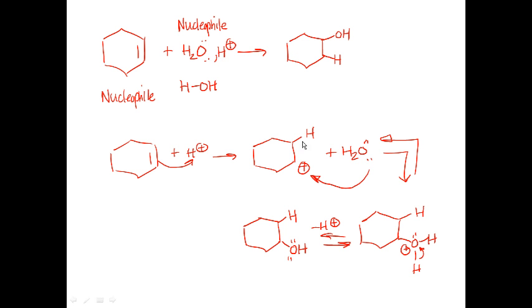And then what happens when I lose the beta hydrogen from the alpha carbon to give me the double bond? So this reaction, this addition of water to the double bond, is the reverse. So the reverse reaction is dehydration that we saw on Monday.